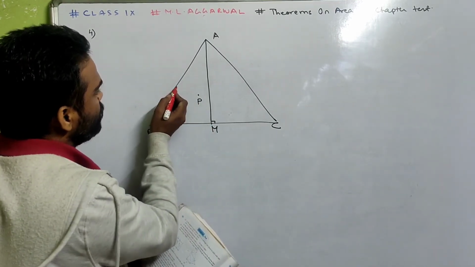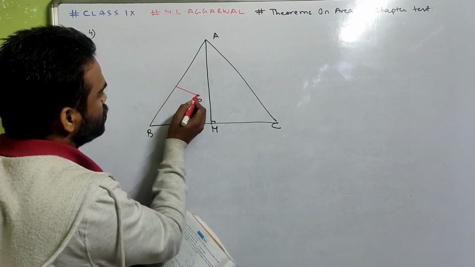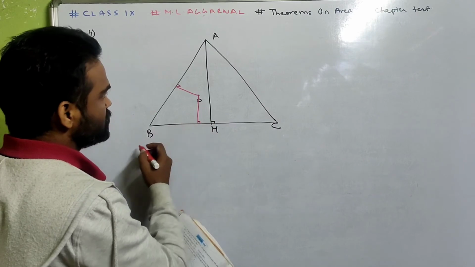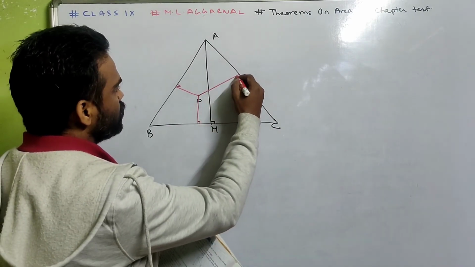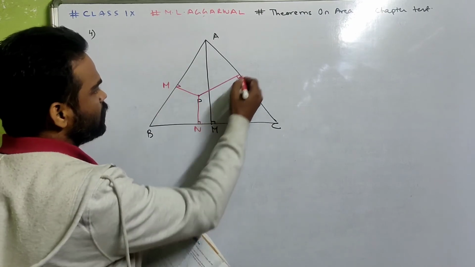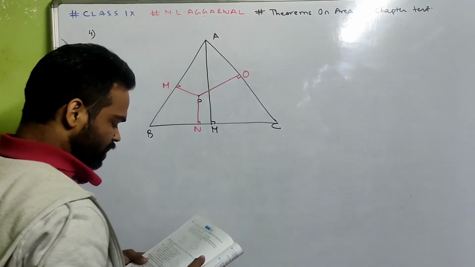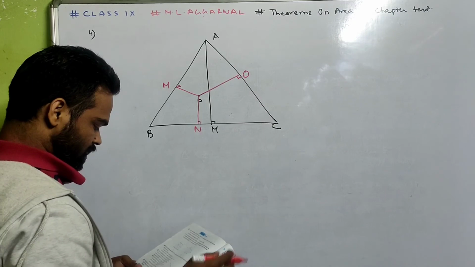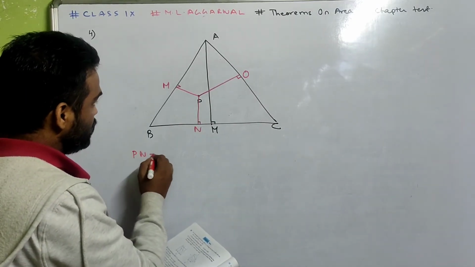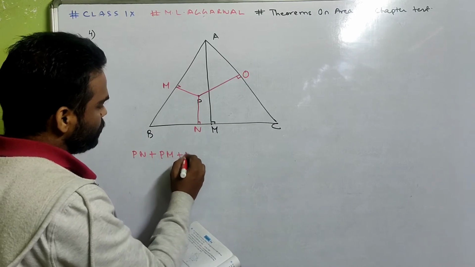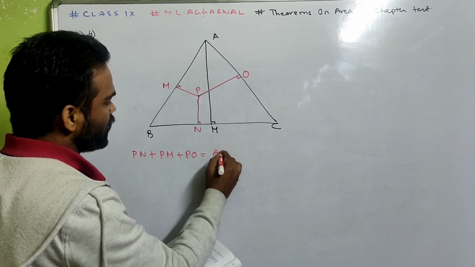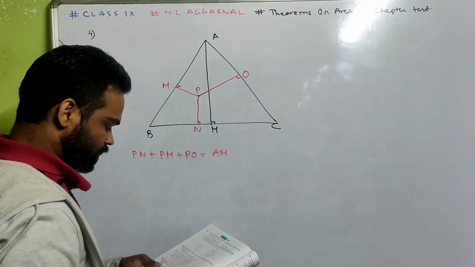Then drop a perpendicular on AB, drop a perpendicular on BC, and drop a perpendicular on AC. Suppose these feet are M, N, O. We need to prove that the sum of the 3 perpendiculars, which means PN plus PM plus PO, this is point P, okay, is equal to AM. We need to prove this, yeah.